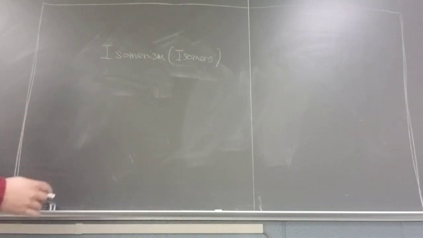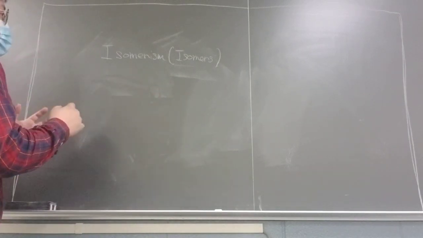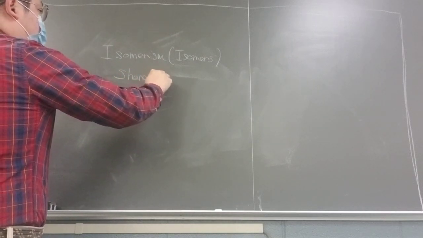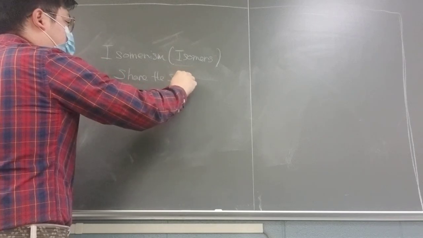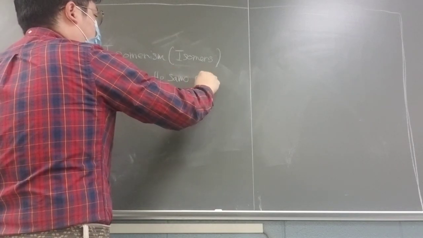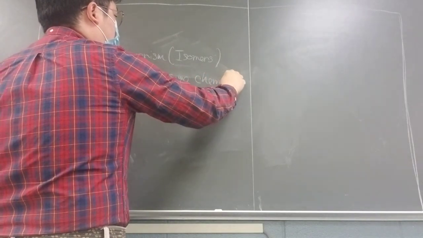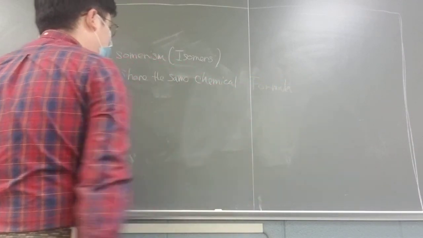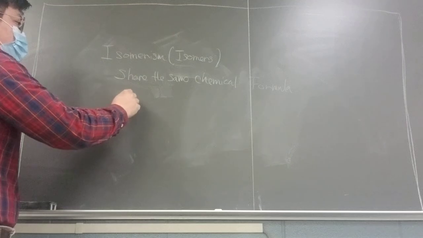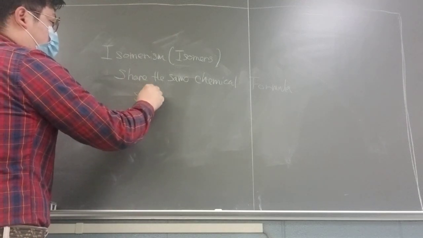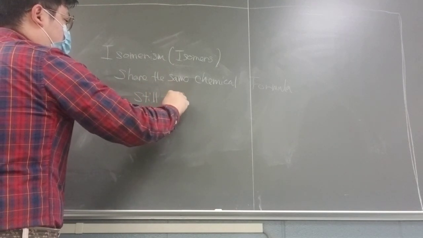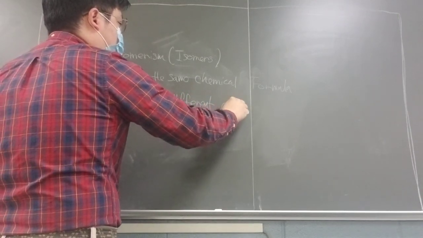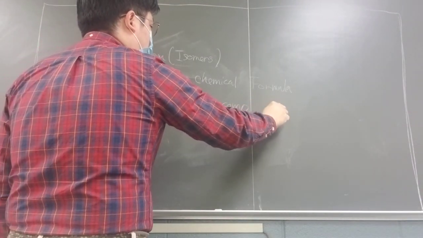So the isomer simply means they share the same chemical formula, but they're still different compounds to each other.